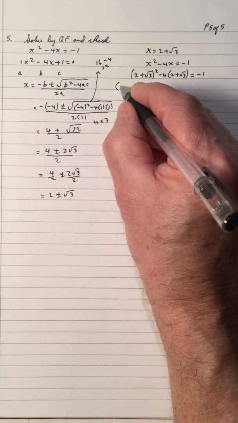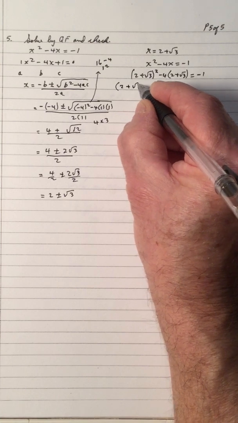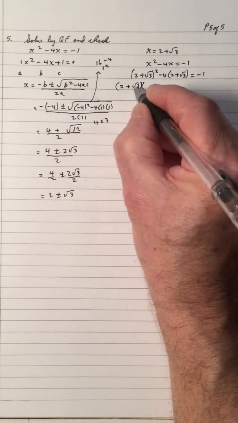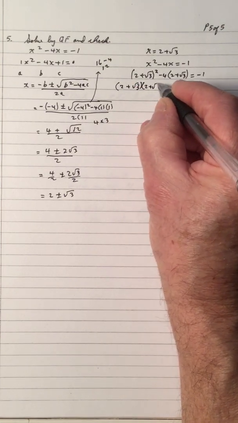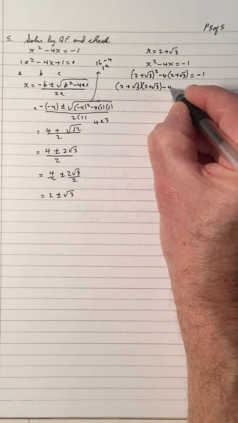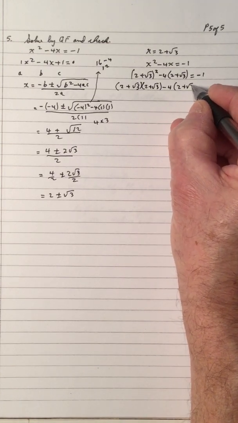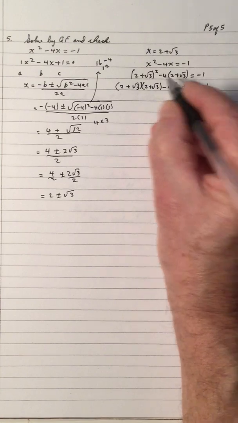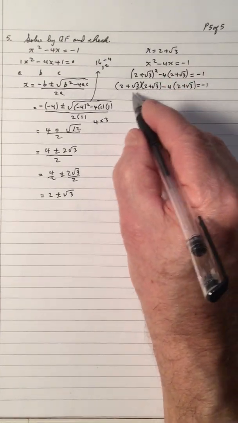So I have the FOIL. 2 plus root 3 times 2 plus root 3. Because I'm squaring, I expand it out to do a FOIL.